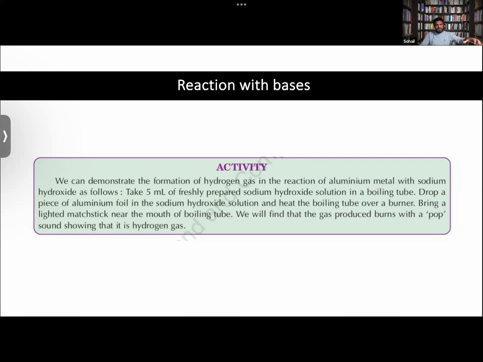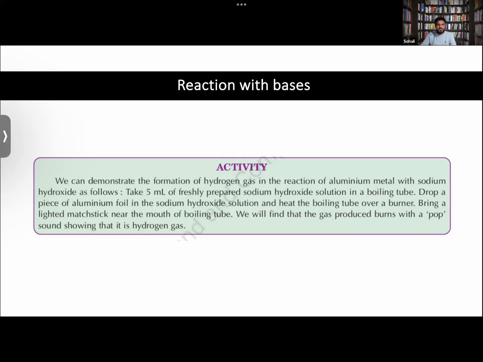We can demonstrate the formation of hydrogen gas in the reaction of aluminium metal with sodium hydroxide as follows. Take 5 milliliter of freshly prepared sodium hydroxide solution in a boiling tube. Drop a piece of aluminium foil in the sodium hydroxide solution and heat the boiling tube over a burner.